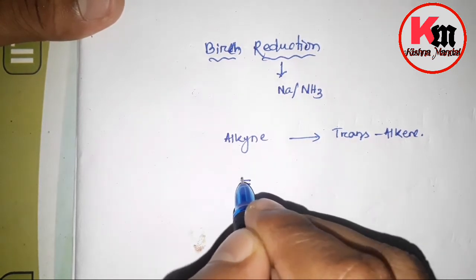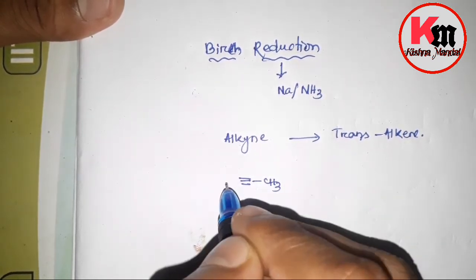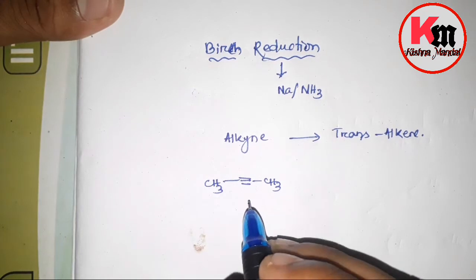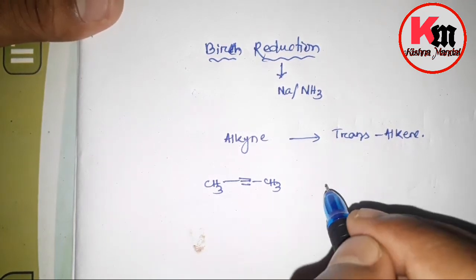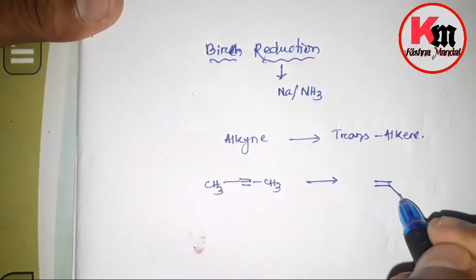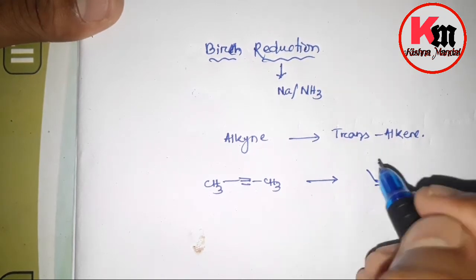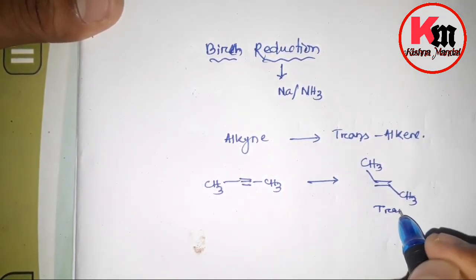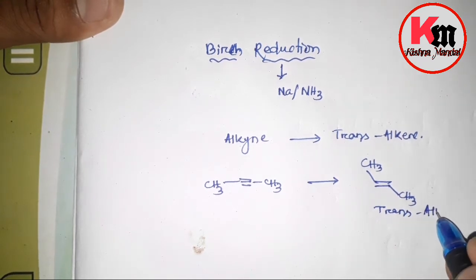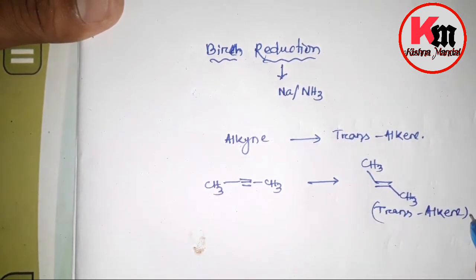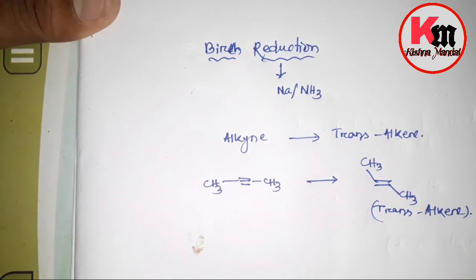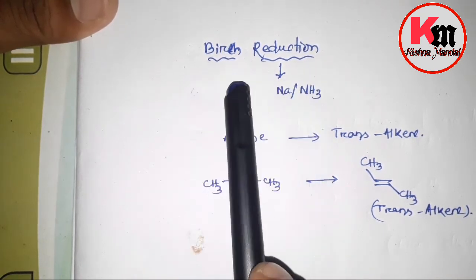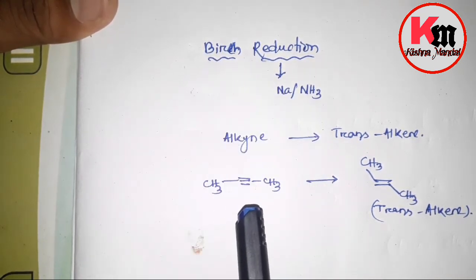Means this is alkyne, it simply converts into transalkene. So the Birch reduction simply converts any alkyne to transalkene.